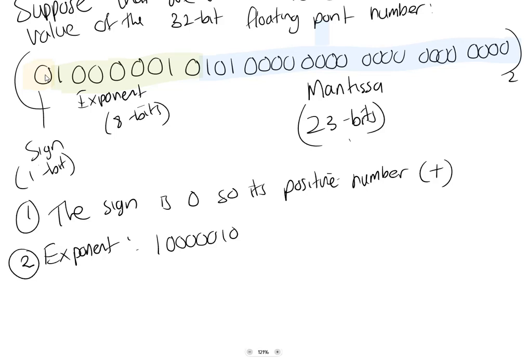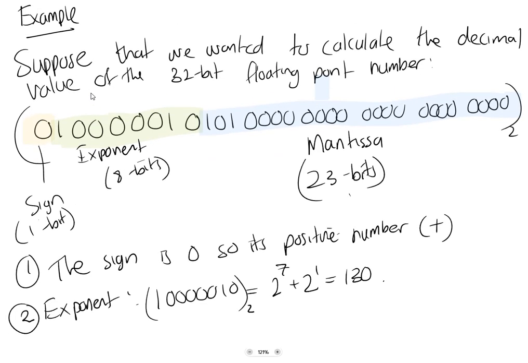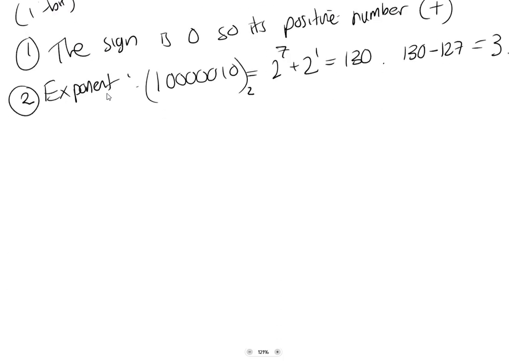If I convert this to base 10 using the positional formula, it becomes 2 to the 7 plus 2 to the 1, which is 130. Remember, you've got to subtract the bias, so 130 minus 127 is equal to 3. So 3 is the exponent for this particular example.